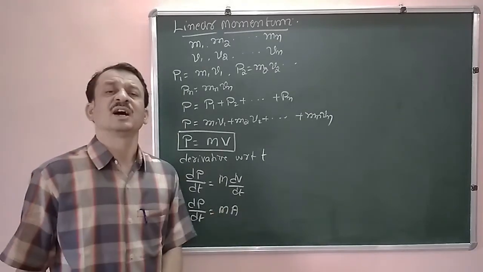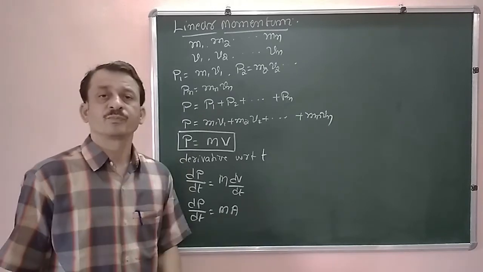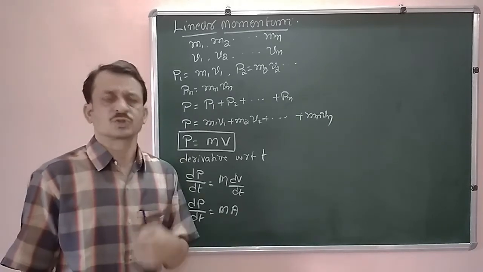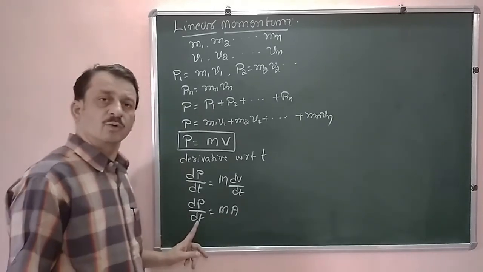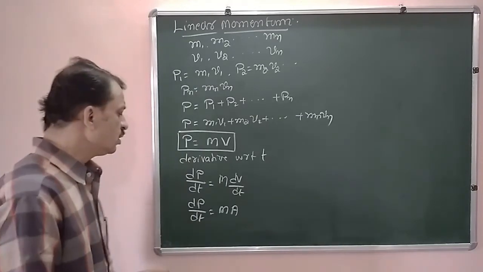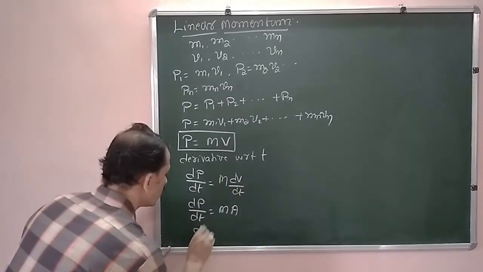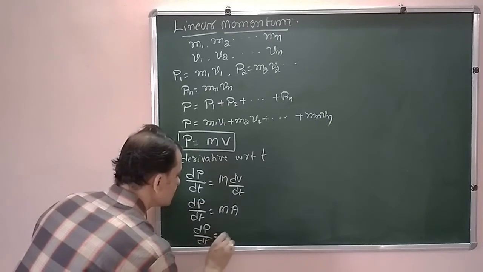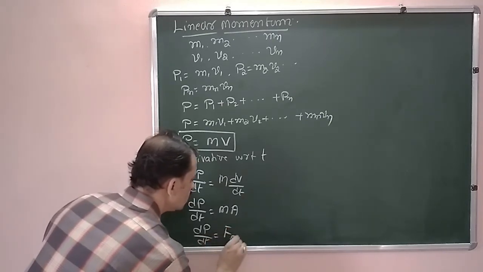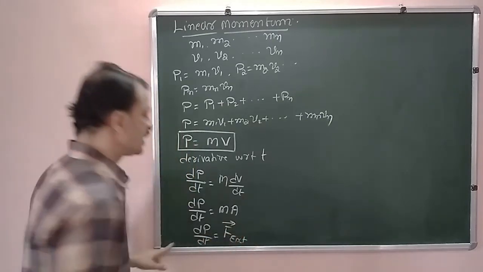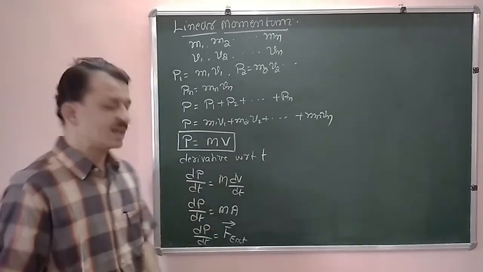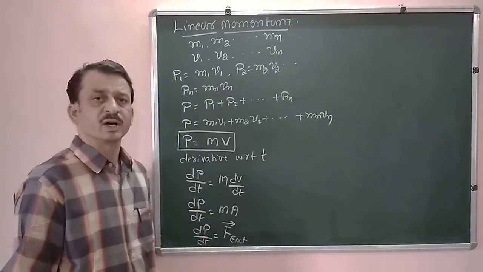According to Newton's second law, what is M into a? It is nothing but the force, so the rate of change of momentum is equal to force. Therefore dp by dt is equal to F external. It is not the internal force, it is the external force, you should remember.